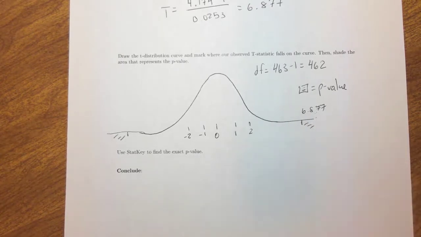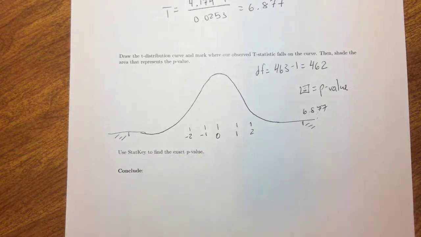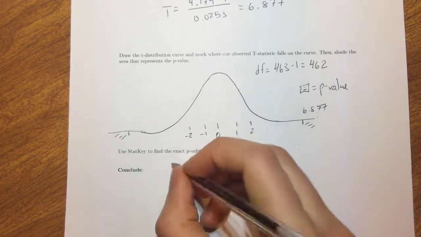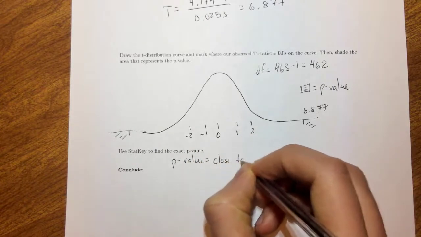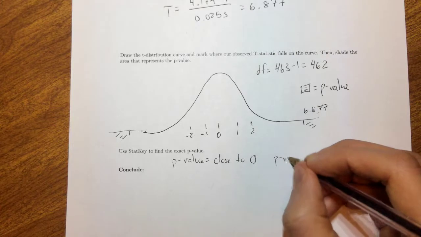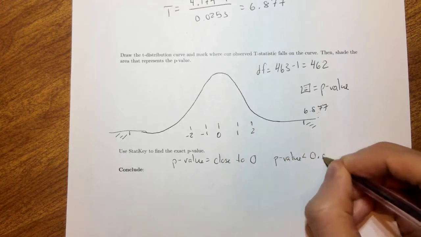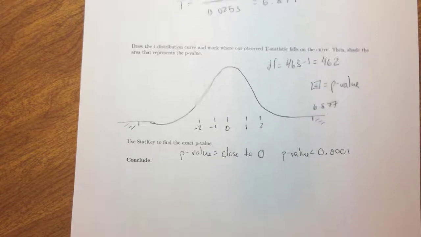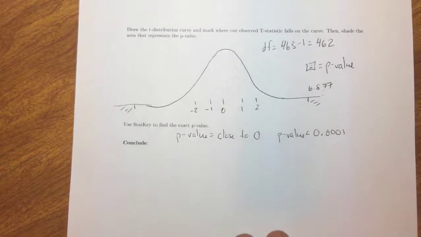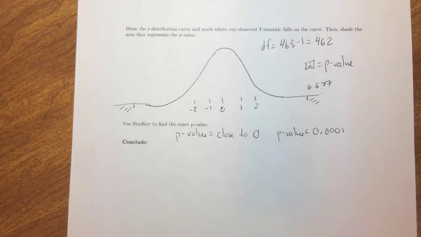If we use StatKey to actually get the p-value, StatKey will tell you that the p-value is very close to 0. So we're just going to write it as close to 0 or maybe less than some really small number. Our p-value is also telling us there's a lot of evidence that the mean course evaluation rating at the school is different than 4.